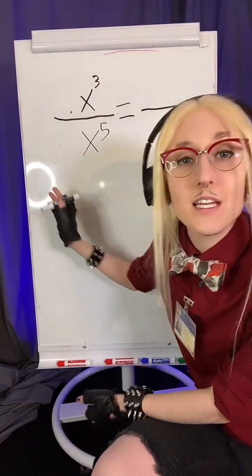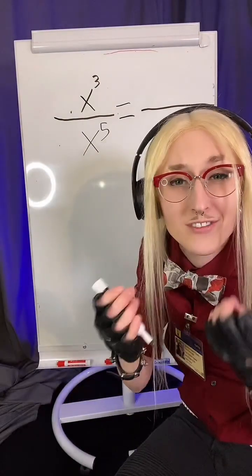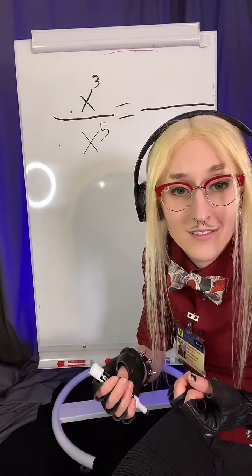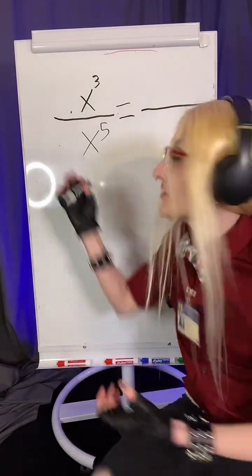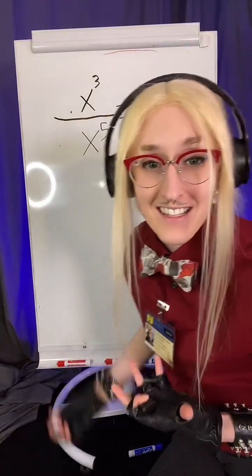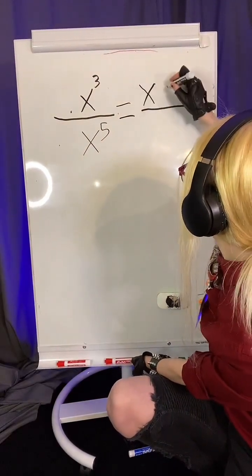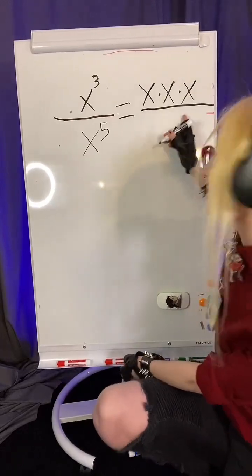What does it mean if I say x to the third power? What does that actually say? What it means is that you're going to do x times x times x.